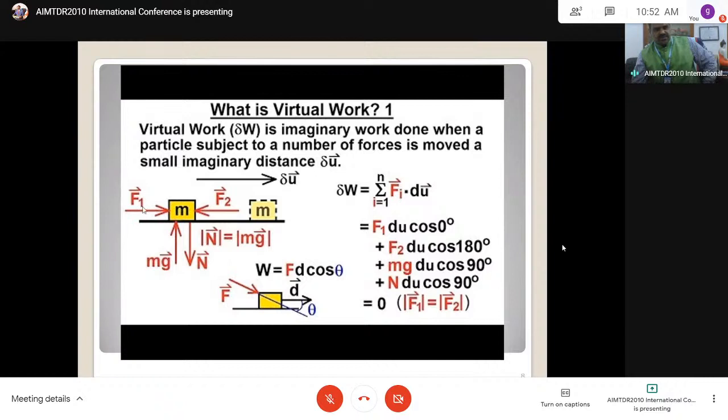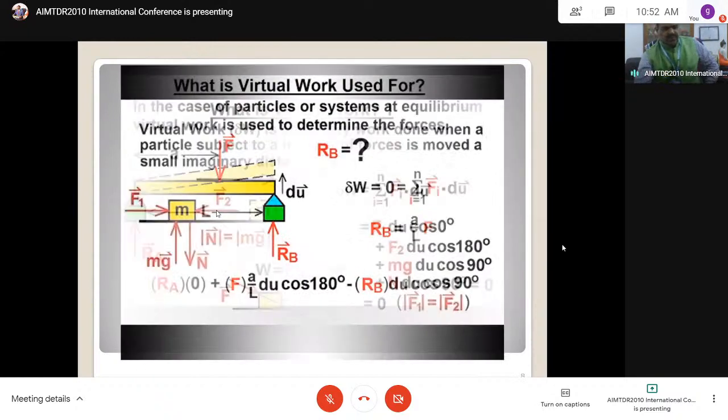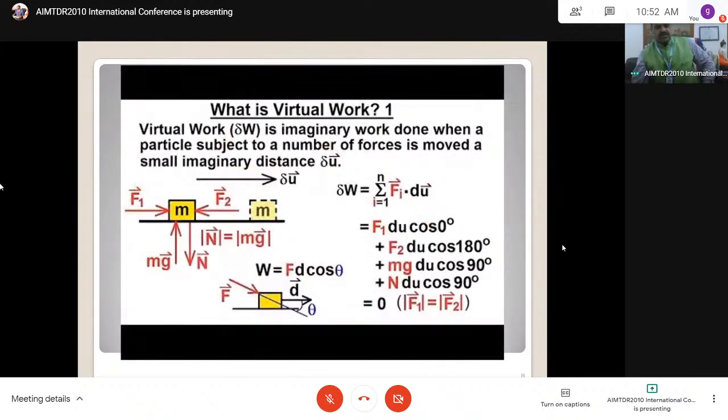That's why F1 into cos 0 into displacement, because it is 0 degrees. I am taking this as a reference towards the right, whereas towards the left, if you consider this as the origin, this angle is 180. That's why F2 into du cos 180. Whereas for these two components, the angle is 90 degrees. That's why mg into du cos 90, N into du cos 90. Then depending upon these values, you may get positive and negative.